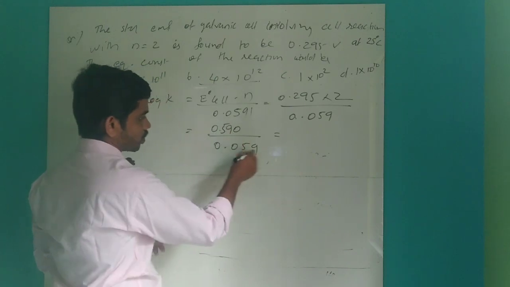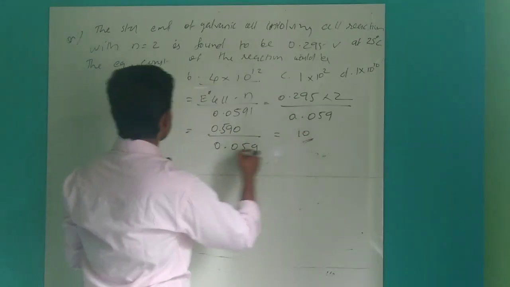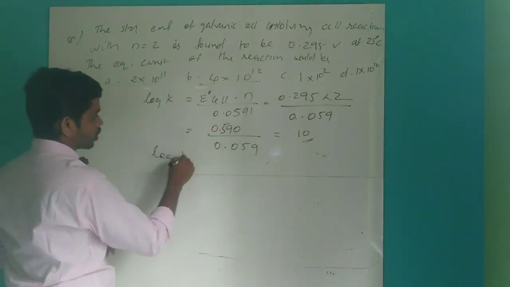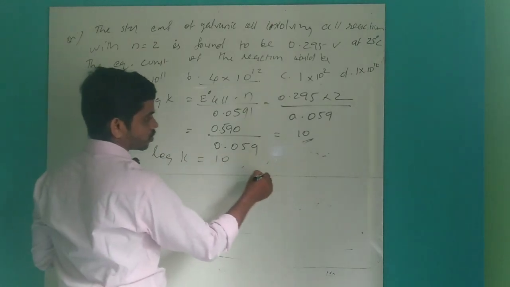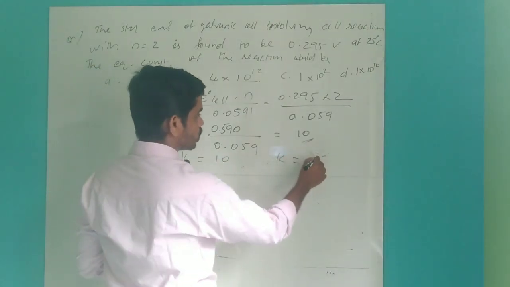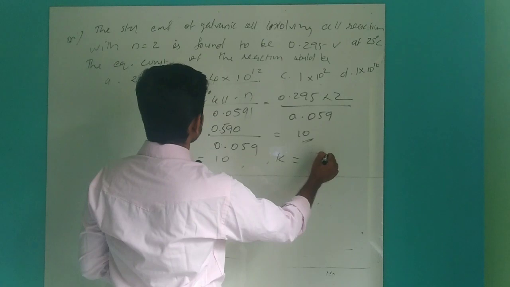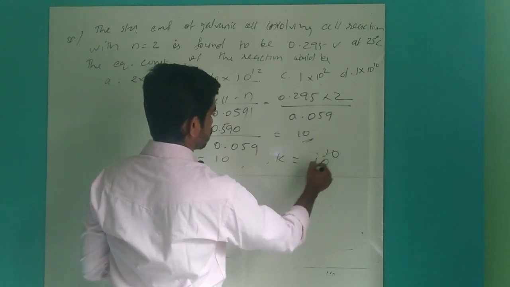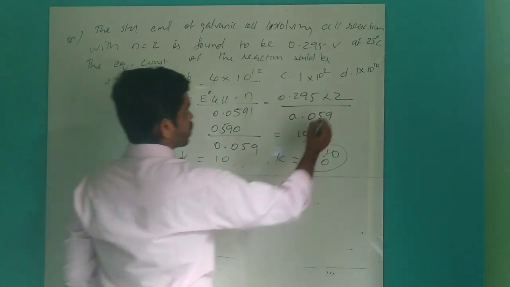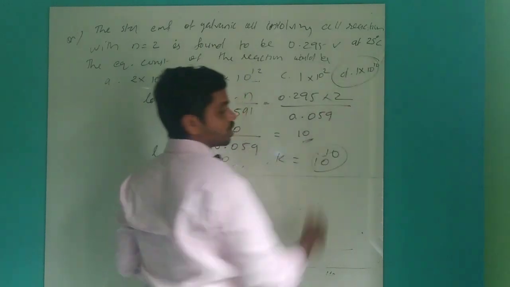When you cancel, you will get 10. So log K is equal to 10, so K value is 10 power 10. So option D is the right one.